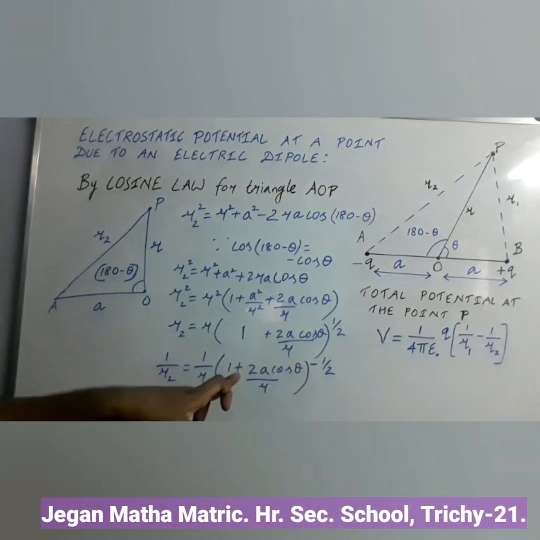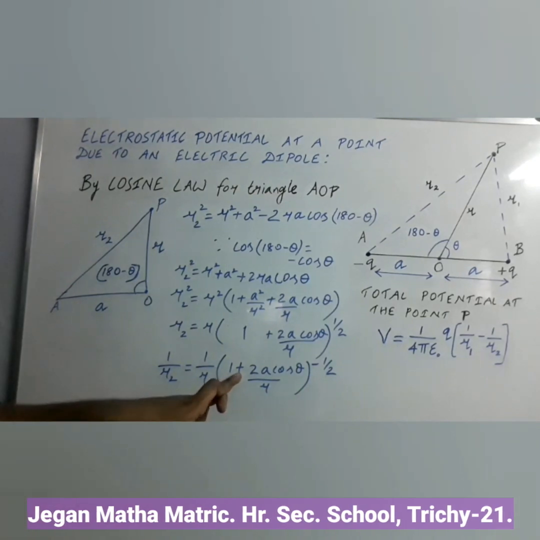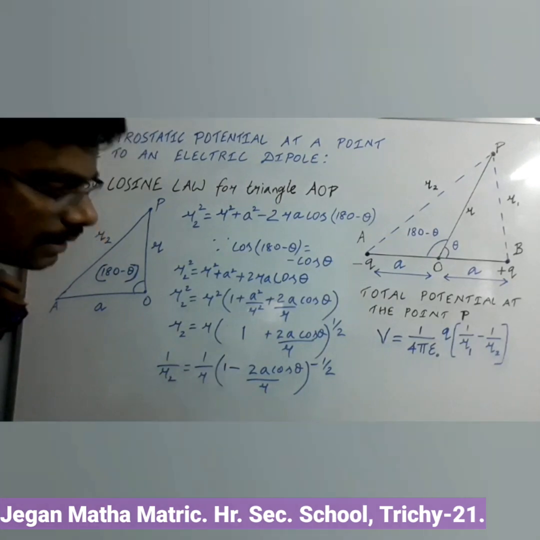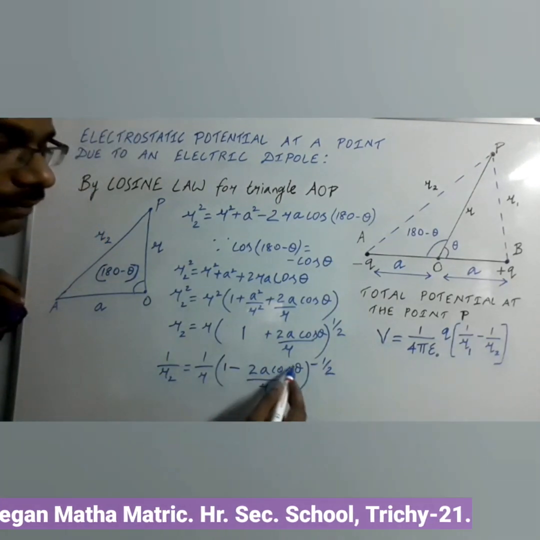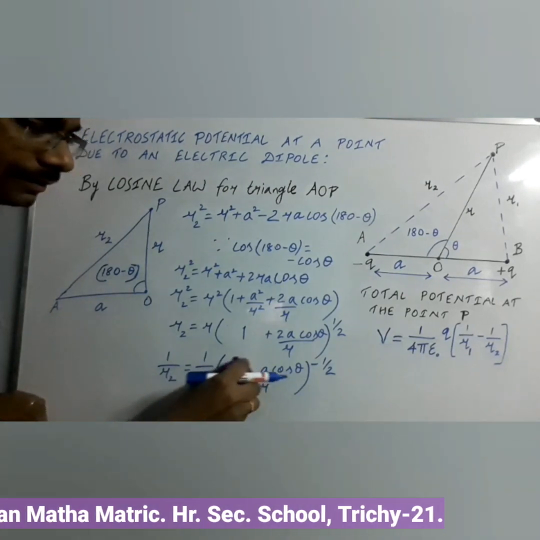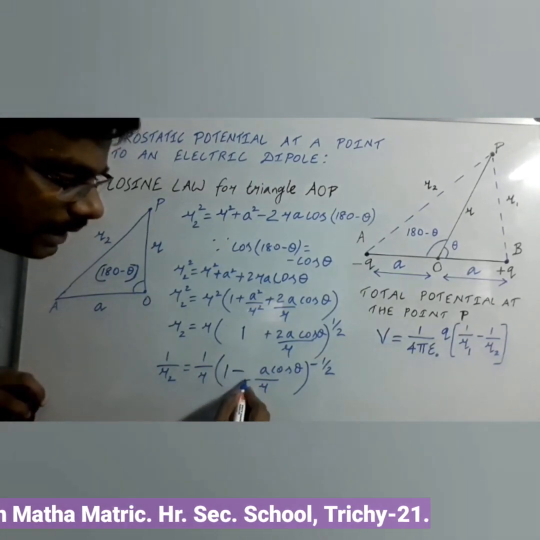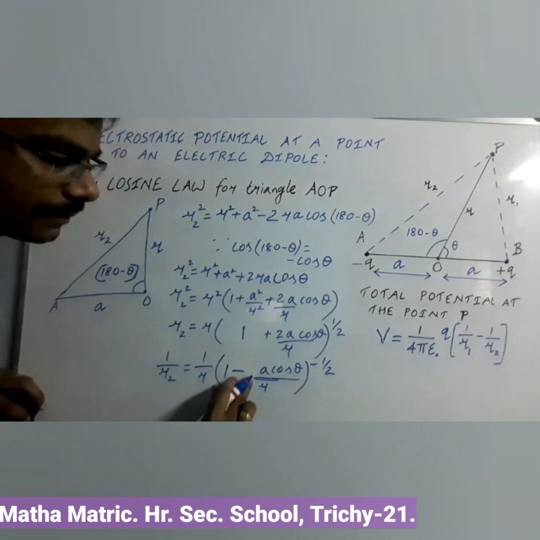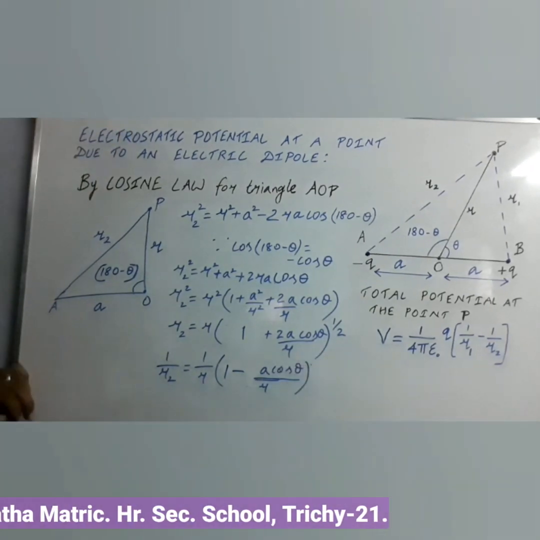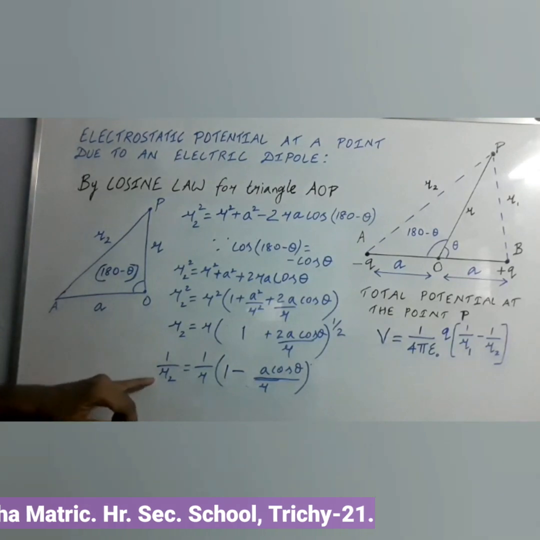So minus into plus, here it is minus. So what will be the value? Minus 1 by 2 has to be multiplied with this value. 2 can be cancelled. What is the remaining thing? 1 minus A by R into cos theta. The power value has been multiplied. So this is the value of 1 by R2.